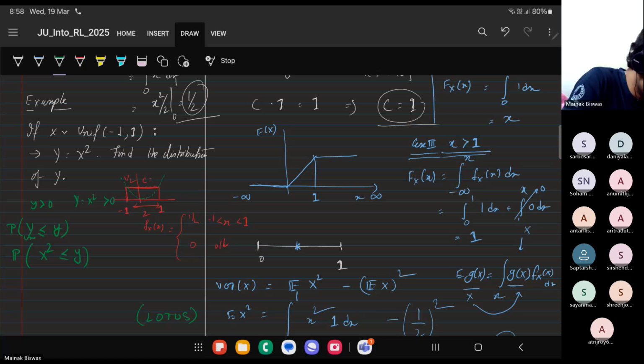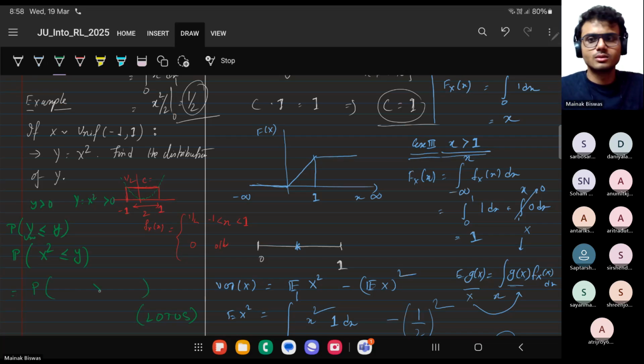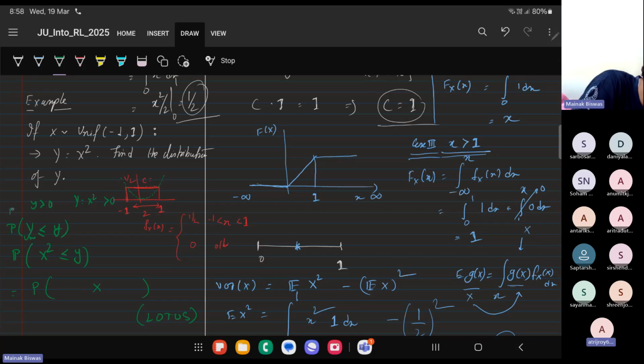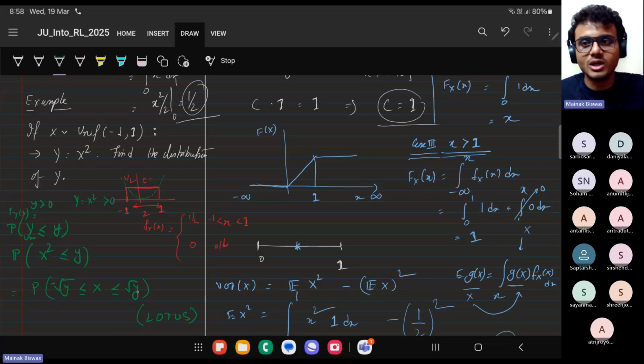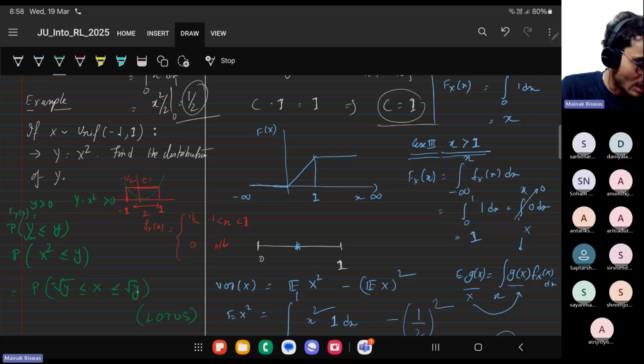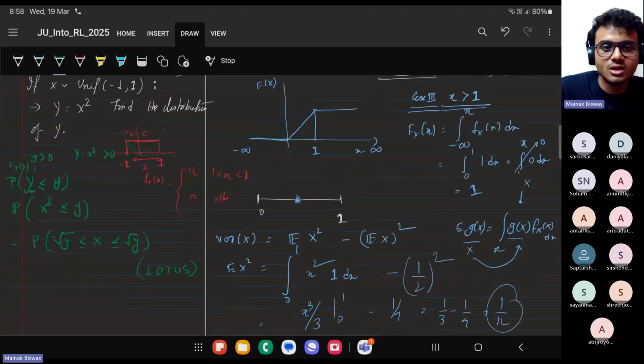Fine. So if this is true, then between what values will x be? It will be between minus root y and root y. This is why I was telling you we cannot use the formula directly; if you did, you would get only half of the curve.